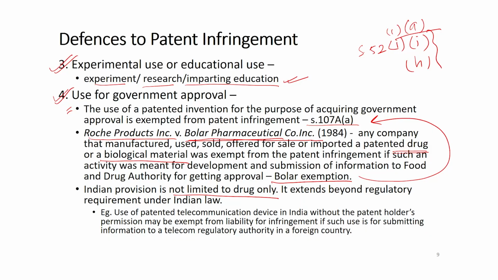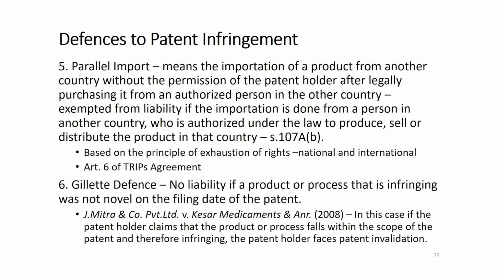This is the fourth point which we have in the list of exemptions. First three are covered in section 47. Fourth is covered in section 107A clause (a). The fifth in the list of exemptions is called parallel import. Let me explain this point. I have explained what is infringement, literal infringement, infringement by equivalence. Once the plaintiff is successful in proving that the defendant's act is infringing, what is left with the defendant?